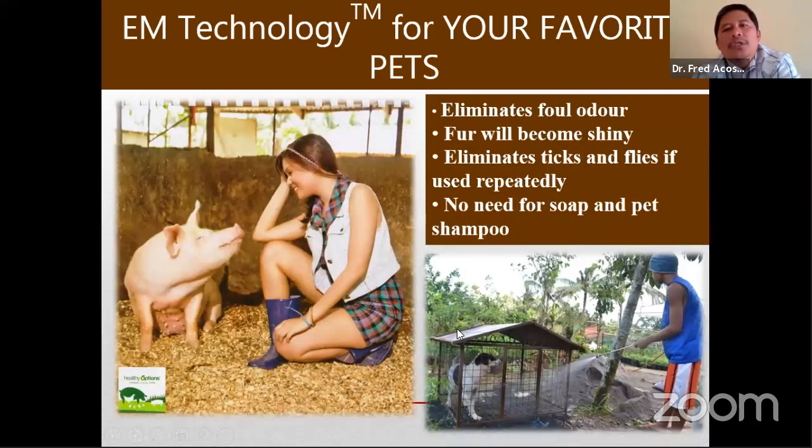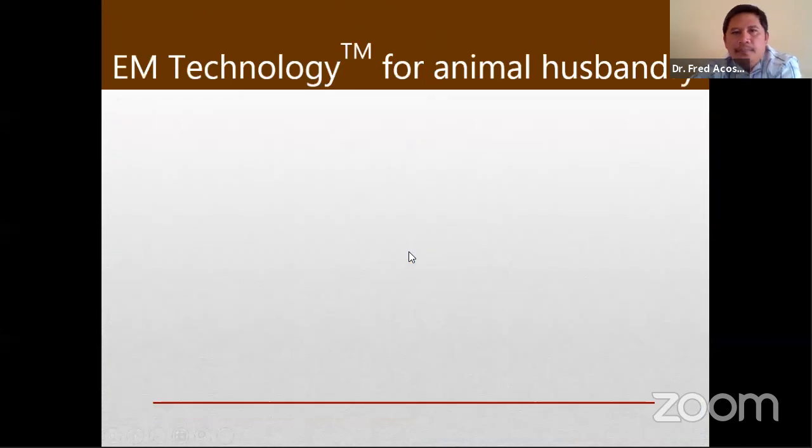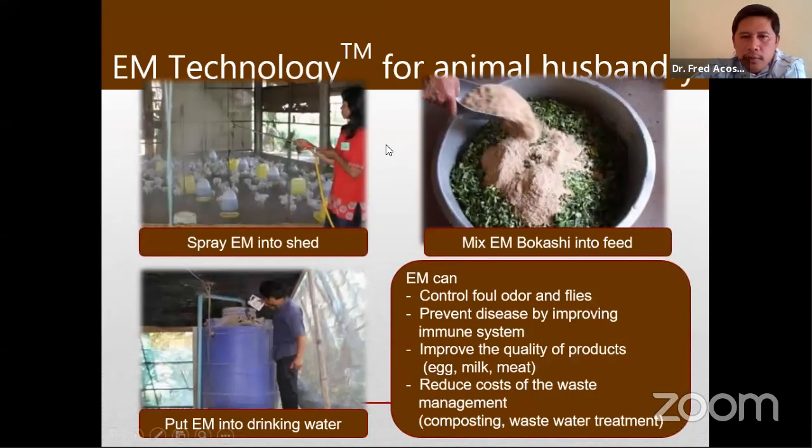EM technology will eliminate foul odor. It will also make your dog's fur shiny. It can eliminate ticks and flies if used repeatedly, with no need for soap and pet shampoo. So it could be very economical as well, aside from being environment friendly.